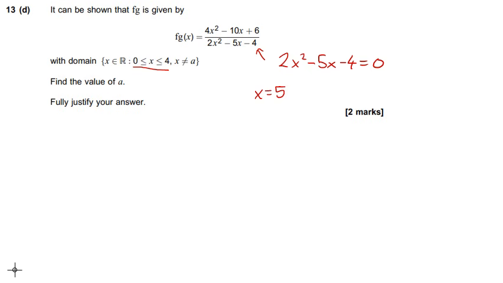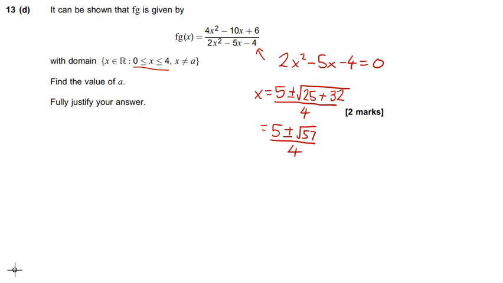So we've got minus b, that's minus 5, plus or minus the square root of b squared minus 4 times a times c. So that's going to give plus, so 4 times 2 is 32. And then divided by 2a, so divided by 4. So we get 5 plus or minus root 57 divided by 4. Well, root 57, that's going to be 7 and a bit.